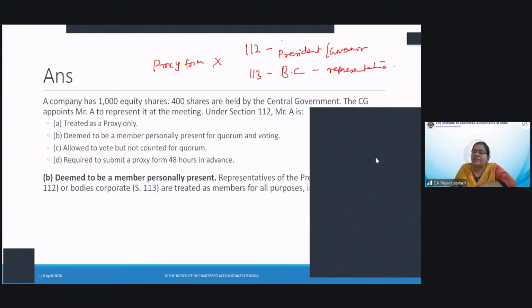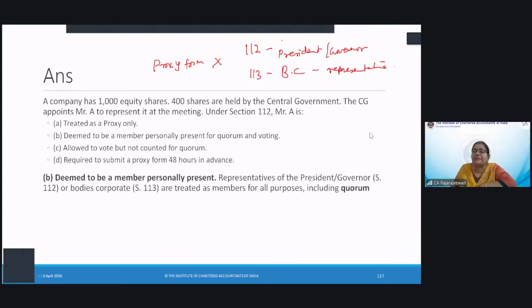No, no. Central government is not considered as a body corporate. 112 talks about in case the shares are held by central government. See, if it is a government company, when do you call it a government company? When the shares are held by the central government or partially by central government and partially by one or more state governments. So you have that central government company rules, no?